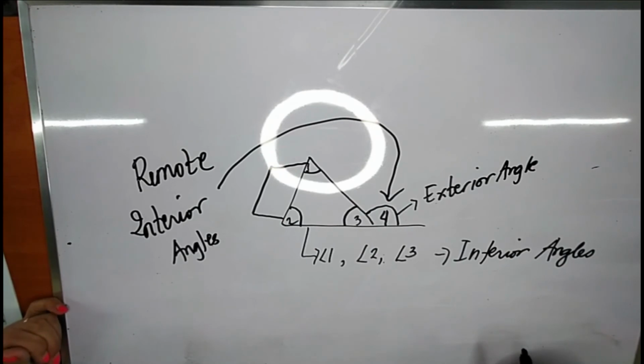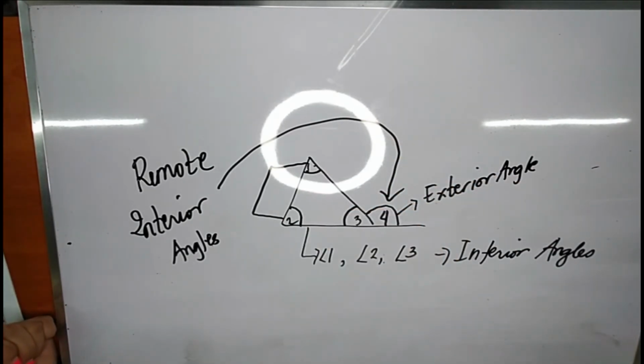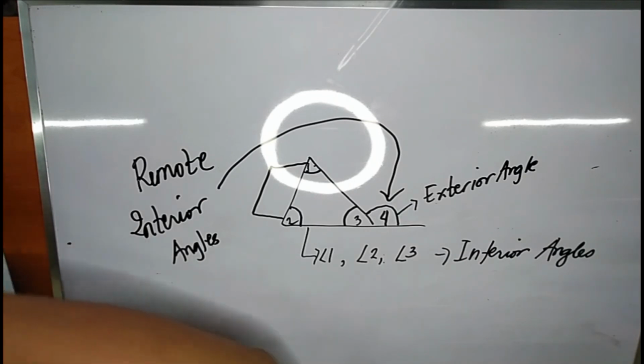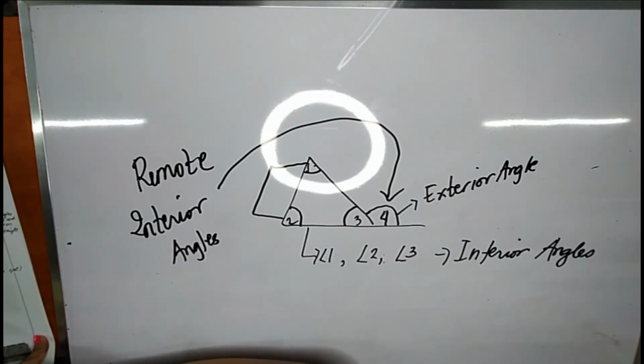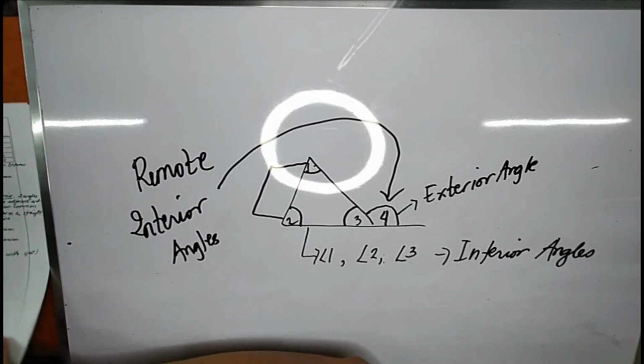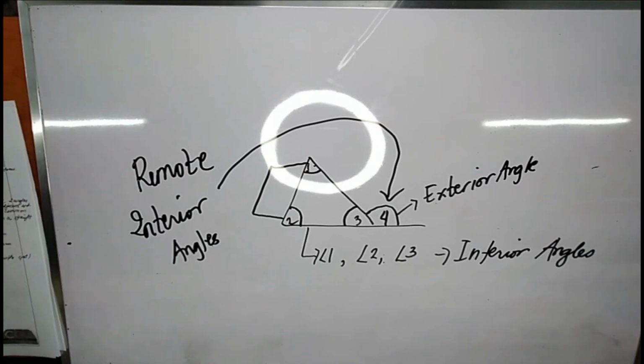So, our answer would be angle 1 and angle 2 are the remote interior angles of this exterior angle 4. Okay, do you understand now what is a remote interior angle? Okay, good. So, we proceed to our main topic, which is exterior angle inequality theorem.